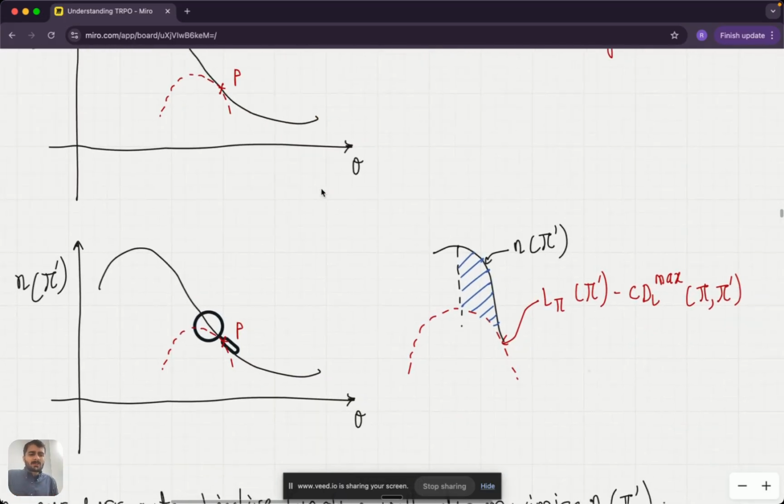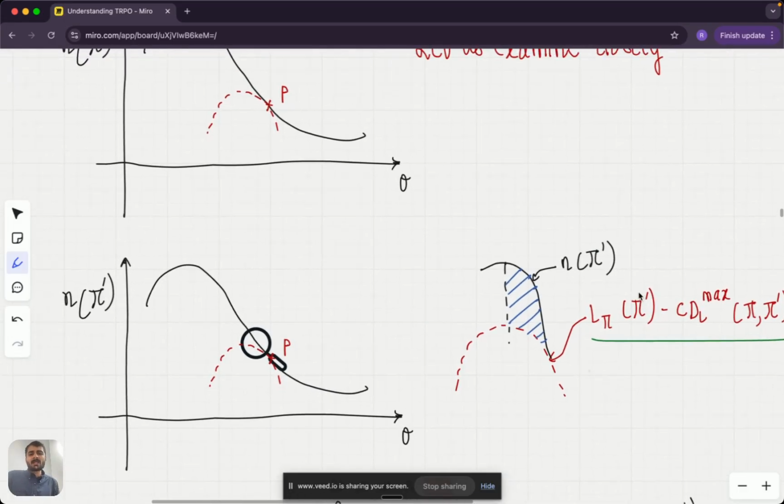This expression satisfies that it is less than n of pi dash, as we looked at before. If you zoom in, this is the true function and this is our surrogate objective function. At every step, if we maximize the surrogate objective function, we move towards the direction of maximizing the true objective function.